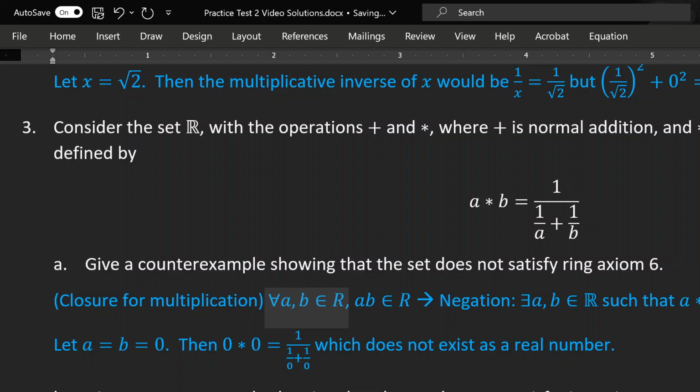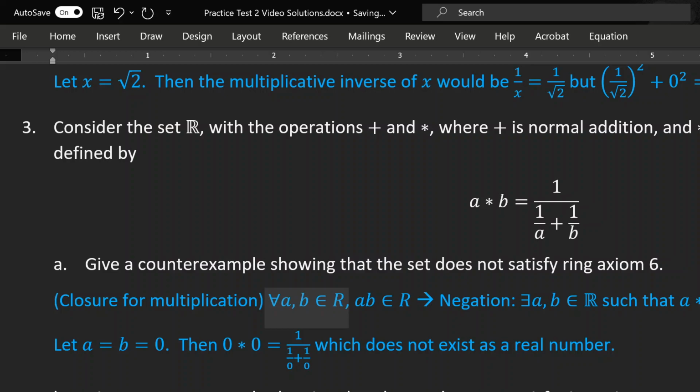If you really want to see why, you can try plugging in 1 star 0 and you get 1 over 1 plus 1 over 0, which does not exist, or is not in the real numbers, you could say.